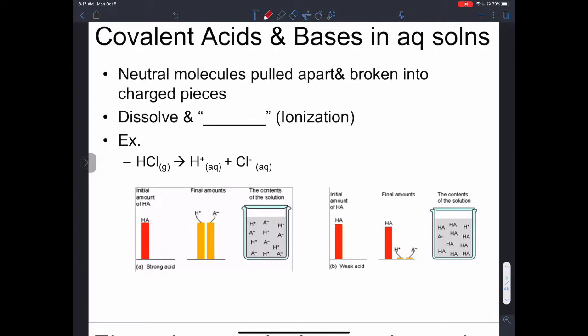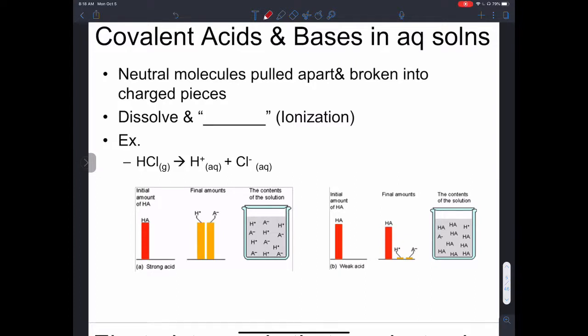Now, the last category of molecules we need to talk about today are covalents, but this time they are acidic or basic as well as being covalent. So, covalent acids and bases in aqueous solutions.